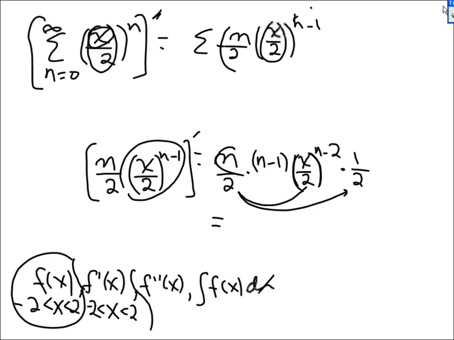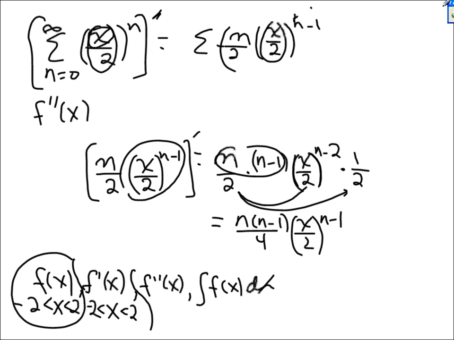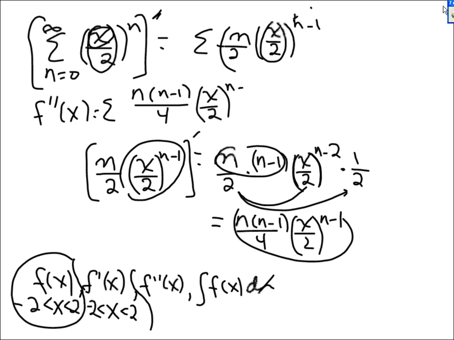So I'll get this n times n minus 1 over 4 times the x over 2 to the n minus 1. That is the second derivative. We call the original one f of x, and f double prime of x is the summation of this. N times n minus 1 over 4 times x over 2 to the n minus 1. Okay, we want to find the interval of convergence of this.